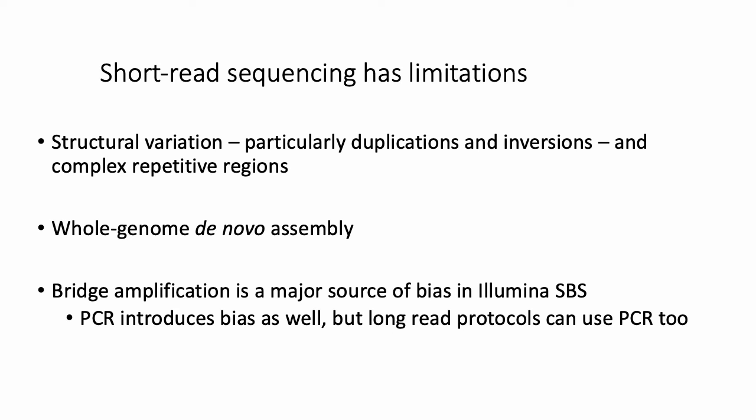So short read sequencing is great in large part because it's cheap, fast, and high throughput, but it does have its limitations. First of all, detecting structural variation in a genome is pretty difficult with short read sequencing. I'll discuss exactly why in the next few slides.